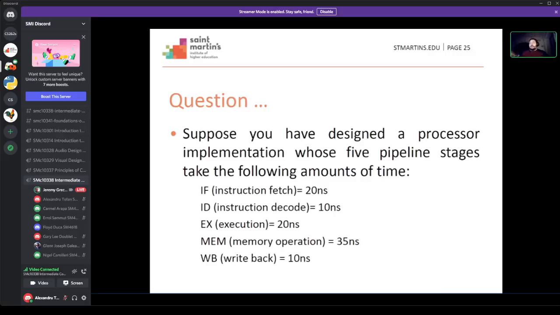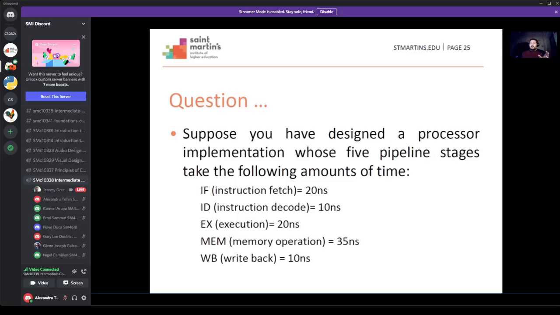Let's say it takes 20 nanoseconds to fetch an instruction, 10 nanoseconds to decode, 20 nanoseconds to execute that instruction, 35 nanoseconds to perform any memory operation, and 10 nanoseconds to write back. So notice we now have different stages which take different amounts of time.